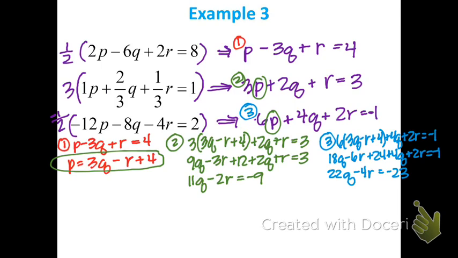On the next one, did y'all get 22q minus 4r equals negative 23?